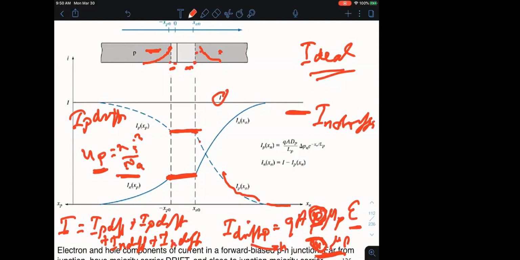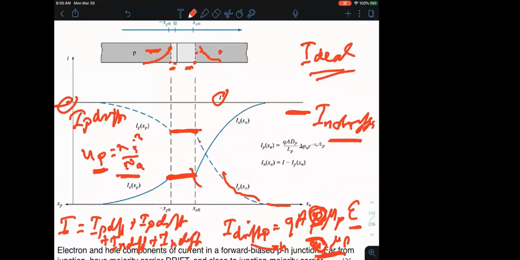So let's summarize what I said. Okay? PN junction, the total current has to be constant everywhere. That's shown by this constant I throughout. But the components of the current, I_p drift, I_p diffusion, plus I_n drift, plus I_n diffusion, those four components vary depending on where I'm looking at in the PN junction structure. Very, very far away from the junction, where there's no concentration gradients, it's only going to be drift current of the majority carriers.